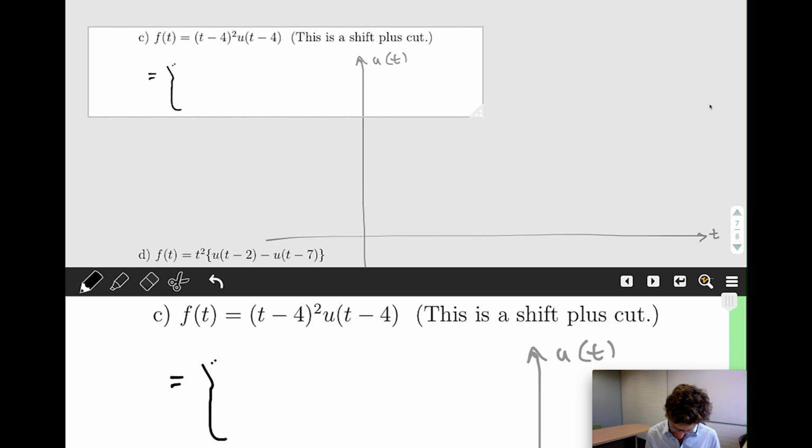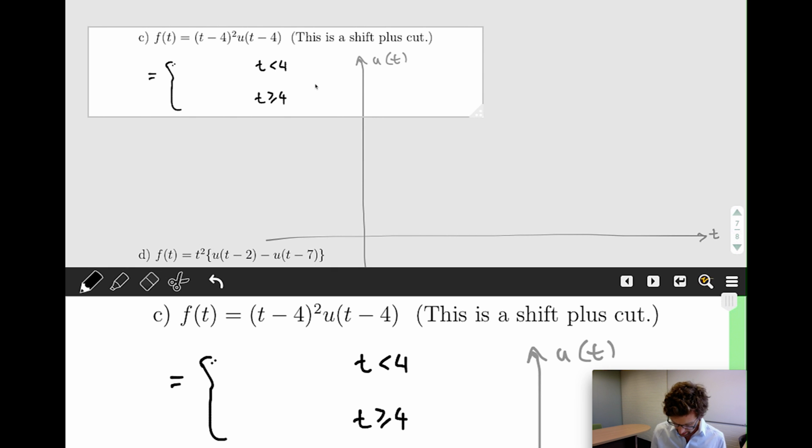You can see again that t is equal to 4 is the pivot point, the point where this function changes. So for t less than 4 and t greater than or equal to 4. Again, I'm using the definition of the Heaviside function to guide me on where I put the less than and where I put the greater than or equal to.